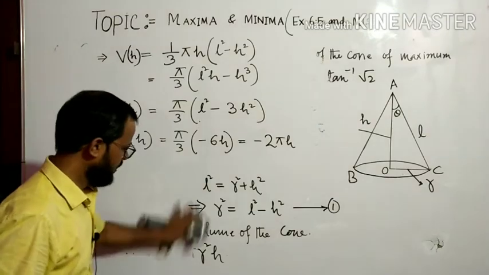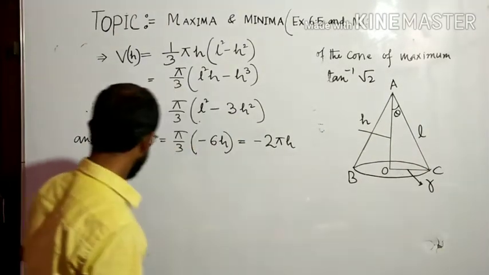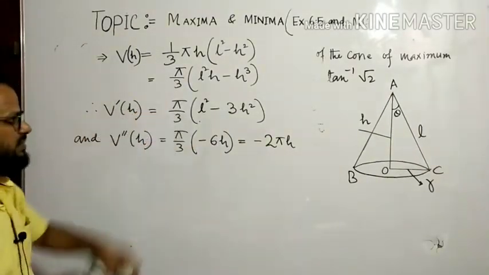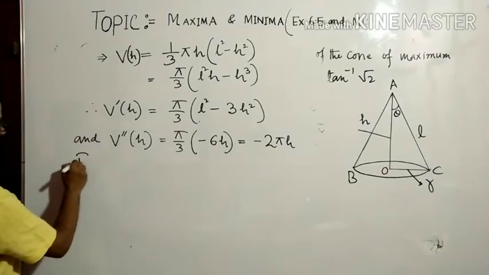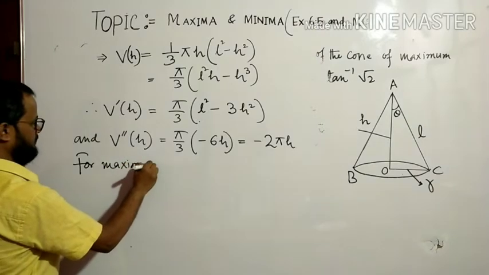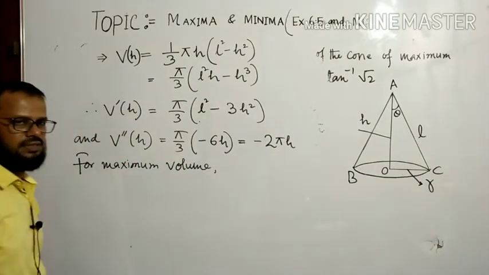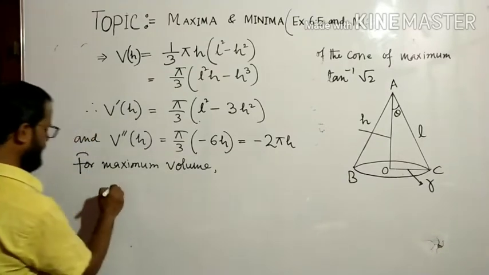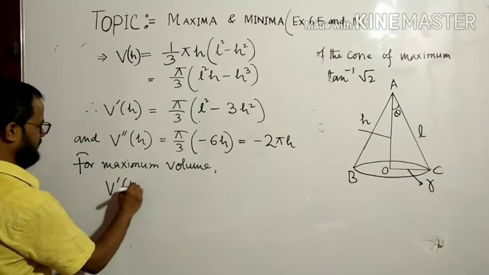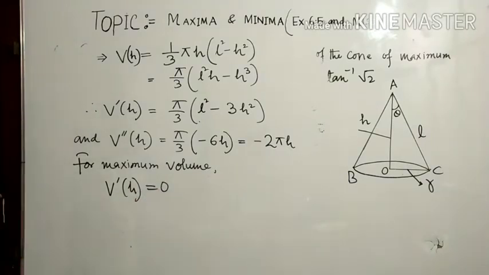Okay, now to get the critical point, because maximum is what is used, so for maximum volume V dash h equal to 0. What is V dash h?